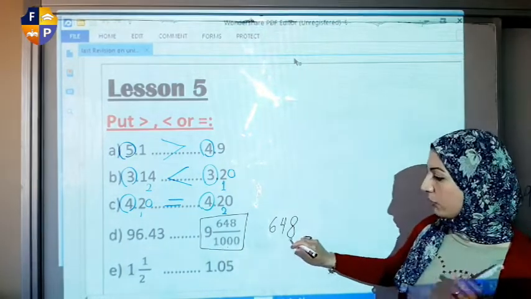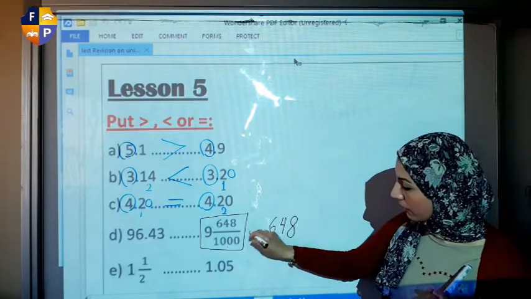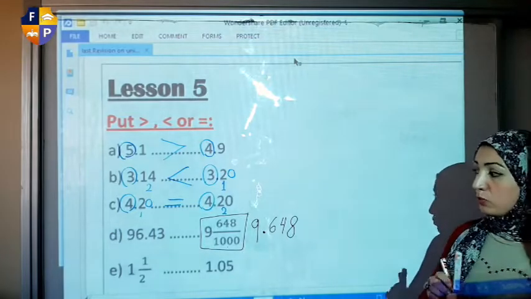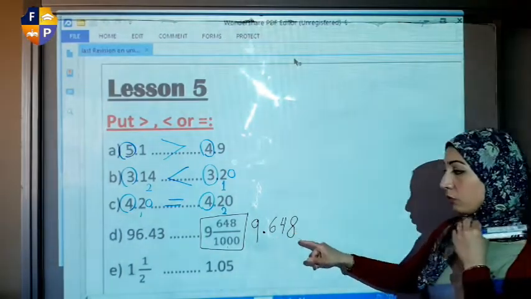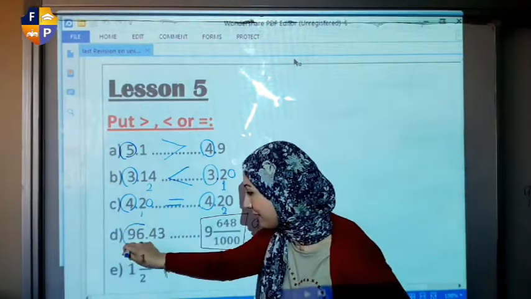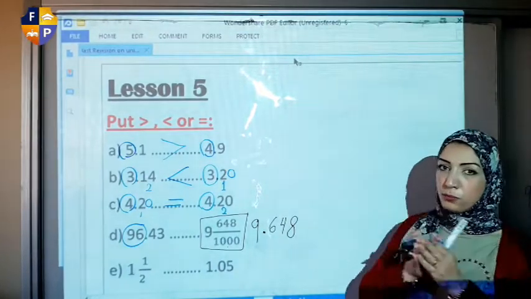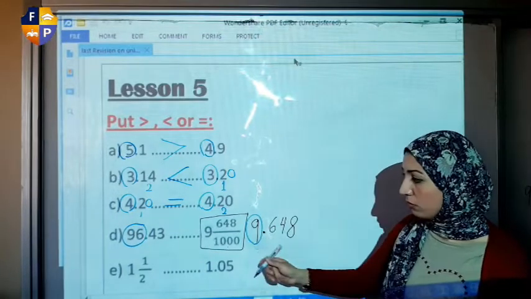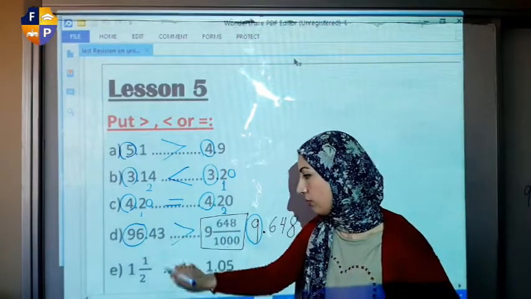So count 3 digits, 1, 2, 3, put decimal point and write the whole number. So now we will compare between 96.43 and the 9.648. First, circle the whole number, which is 96. As we said before, whole number, the number which is before decimal. Here the whole number is 9. So 96 and 9, for sure 96 greater than 9.